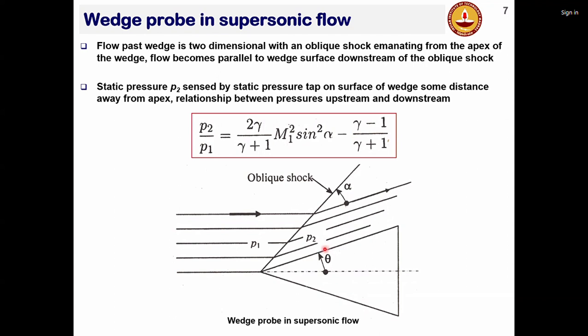Once you know P2 and P1, you know alpha, which is the shock angle, and gamma is Cp by Cv. So if you know P2 over P1, alpha and gamma, then you can predict the Mach number M1 of the flow.